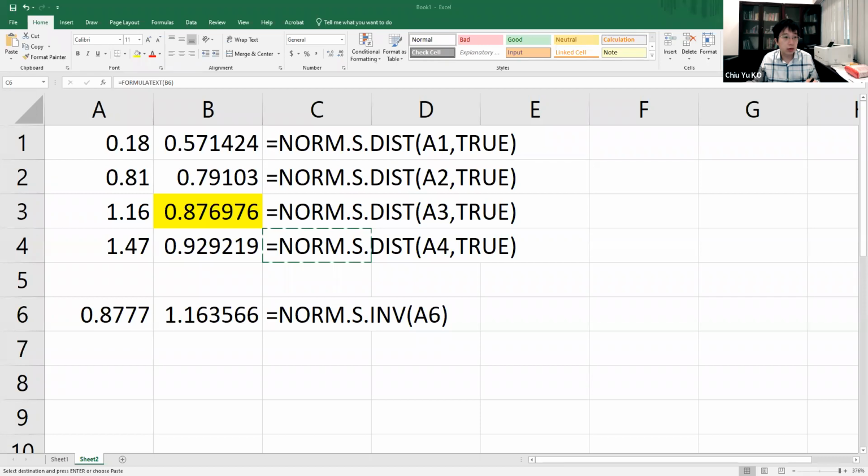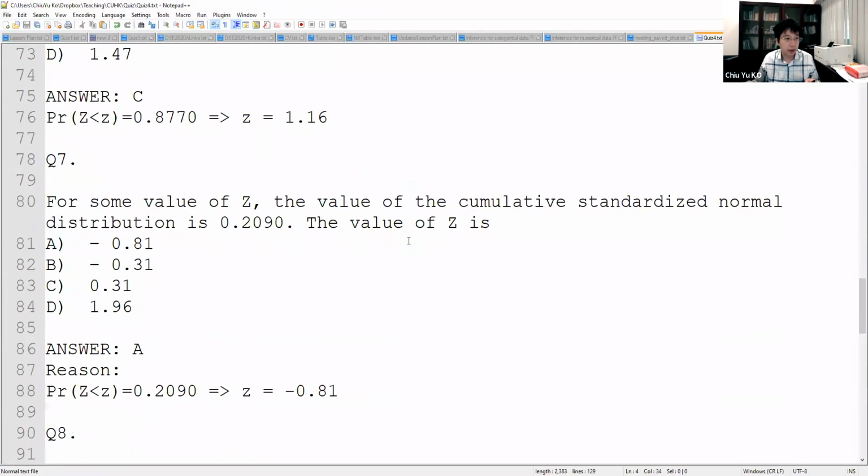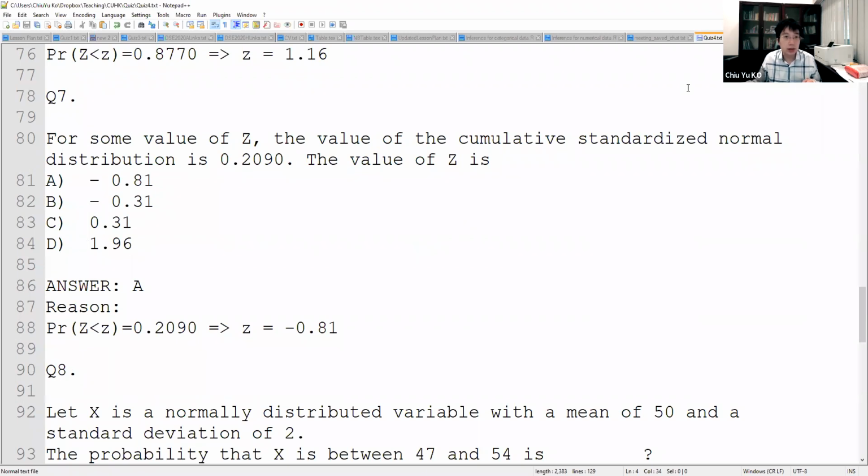So now go back to the question again. I hope you can see it. The next question is very similar, trying to do it with another number, 0.2090. Let's do it in Excel.